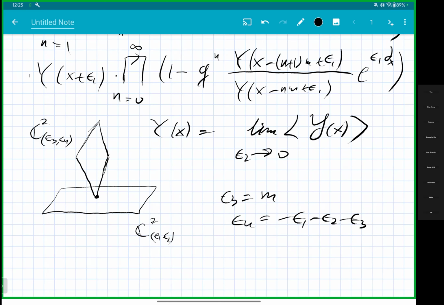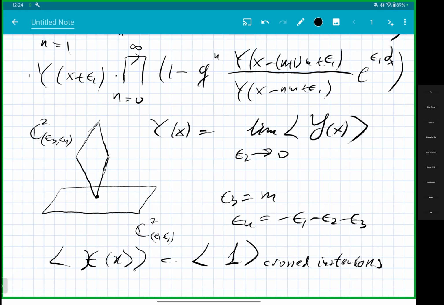Yeah, basically the expectation value of the QQ character is equal to the expectation value of 1 in these crossed instantons. Why do you need crossed instantons if you already wrote before some formulas? Yes. Just to interpret.